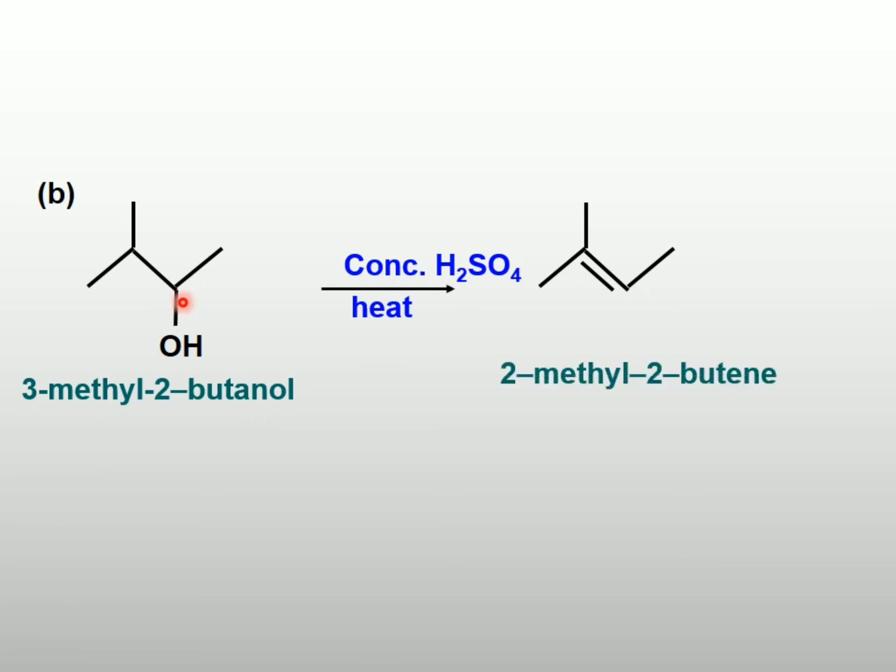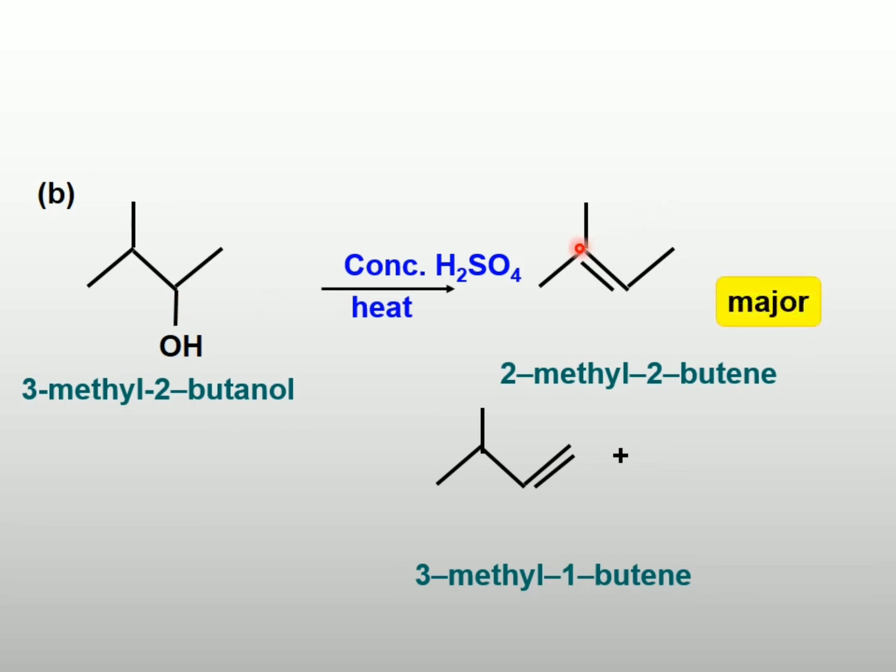So I can get two products, which are 2-methyl-2-butene and 3-methyl-1-butene. The 2-methyl-2-butene will be my major product because I have 3 carbon substituents, and 3-methyl-1-butene only has 1 carbon substituent. So the highly substituted alkene will be the major product based on Saytzeff's rule.